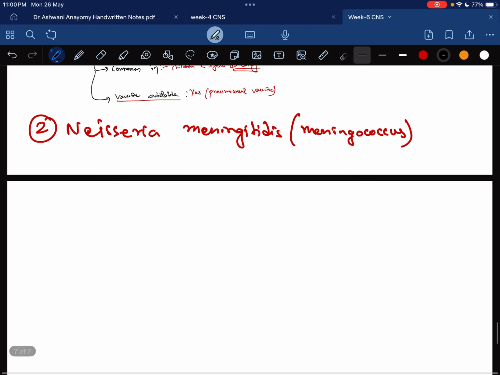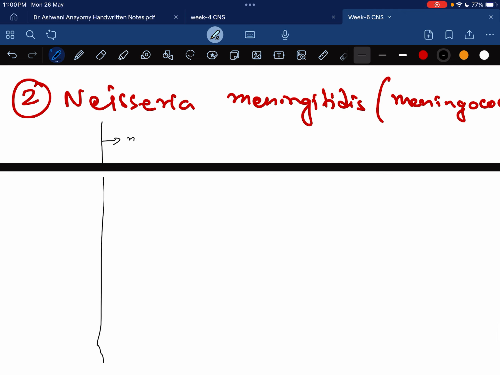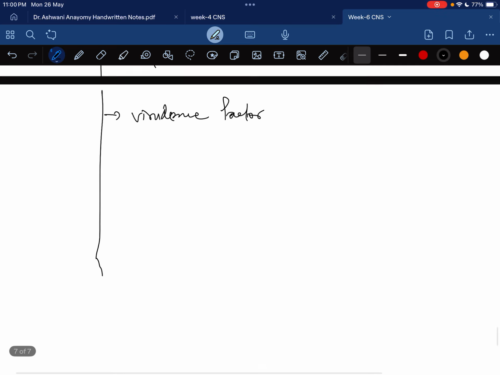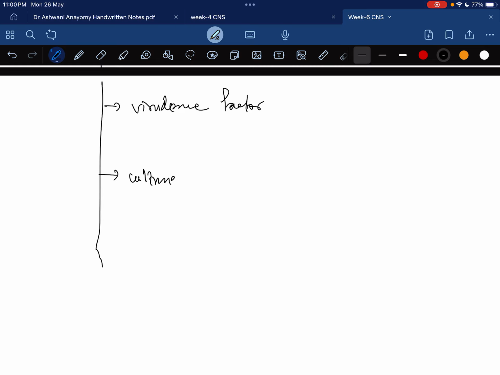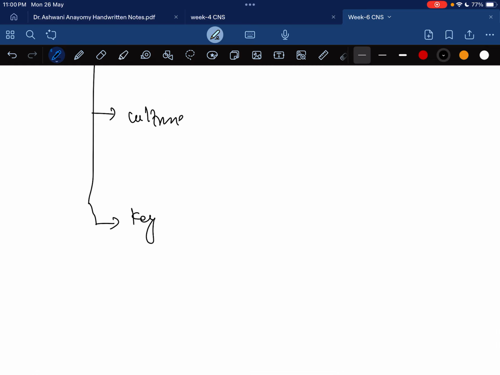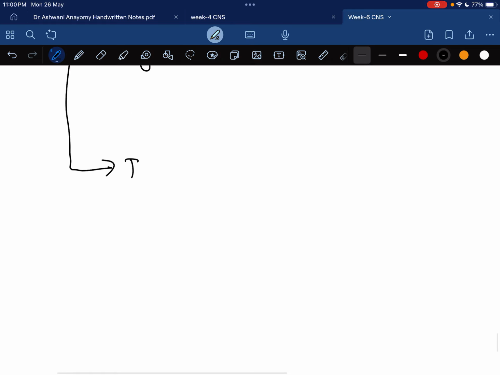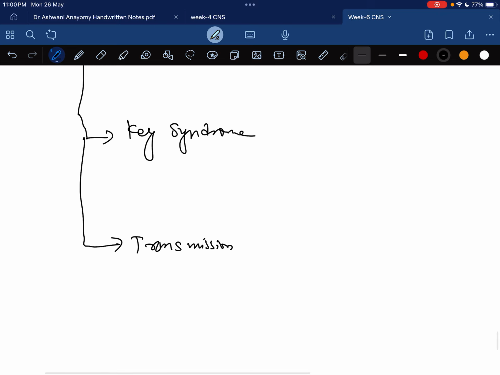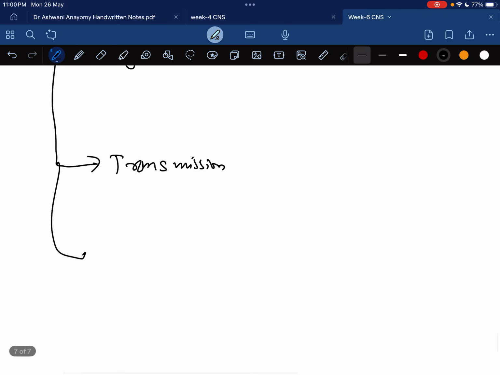Again we discuss some points: morphology of this organism, virulence factor, culture, some key syndromes, transmission, and the vaccine, whether available or not.